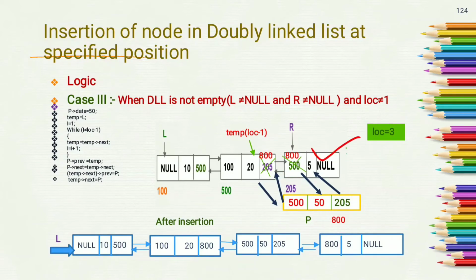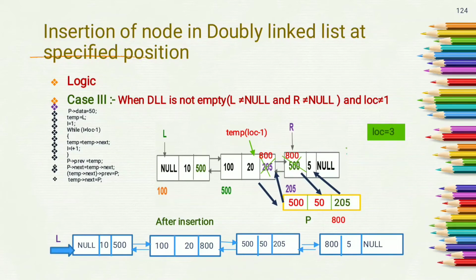To find the name of this node, here you can see the pointer which stores the address of a node is named by that node. Here you can say this is an R node because R contains the address of this node, but I want to name this node with the help of temp.